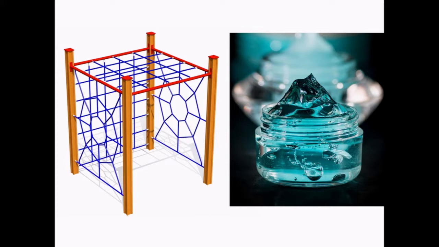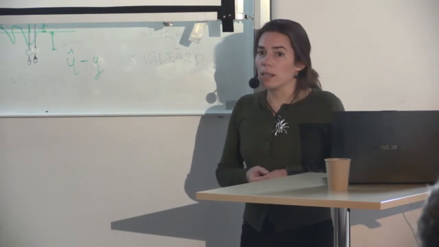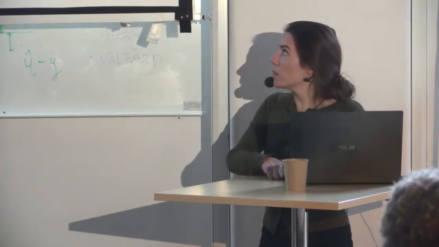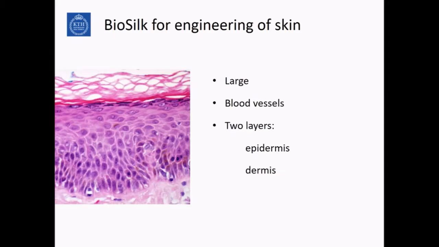So we think that we have something here, the Biosilk framework, that is a good start for growing cells in 3 dimensions into tissue. And we have now taken on several projects to try to make this further into reality. I will tell you about some of these efforts, and I will start by telling a bit about how we try to make skin using this Biosilk.